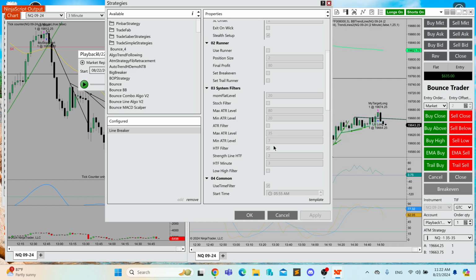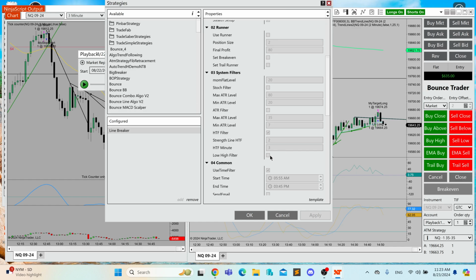But if it's really slow, like in the morning, it also affects your profit target. I find that 7 or 8 has to be the minimum to effectively hit the profit target. So if this is lower, your profit target probably should be lower.